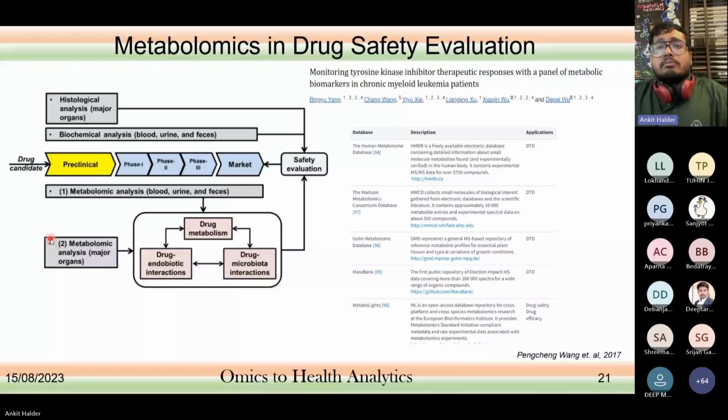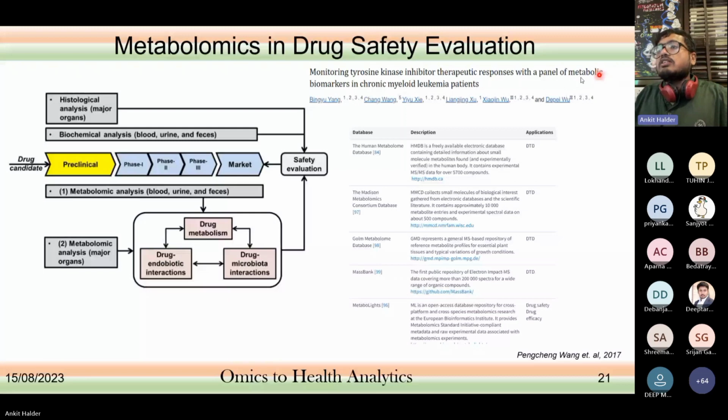So we can look at what the metabolomic changes are, and also the microbiome and microbiota interactions with the human, and then we can easily evaluate the safety of the drug. Here is one of the studies which used the tyrosine kinase inhibitor therapeutic response, where the inhibitor was given with a panel of metabolic biomarkers in CML patients.